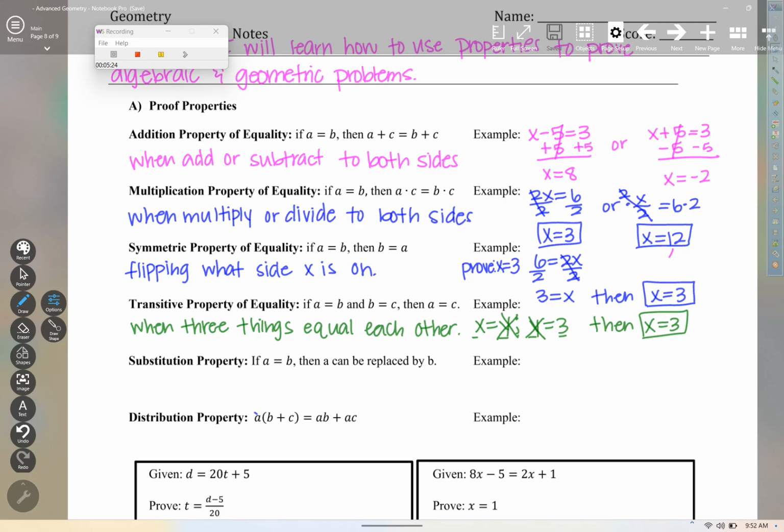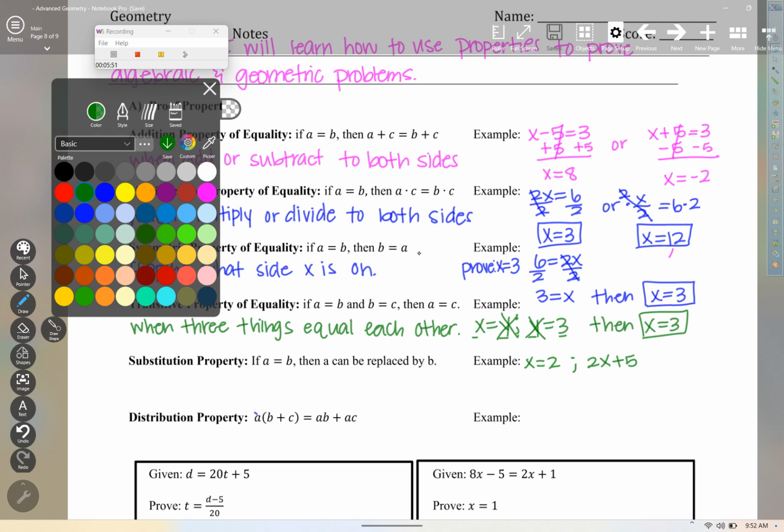How would I simplify that expression? You would substitute in what x is equal to, so x is equal to 2, and I would have 2 times 2 plus 5. So that would be 9, okay? So substitution is like in a game, we substitute in a player for another player. Same example, we substituted a number in for a variable.